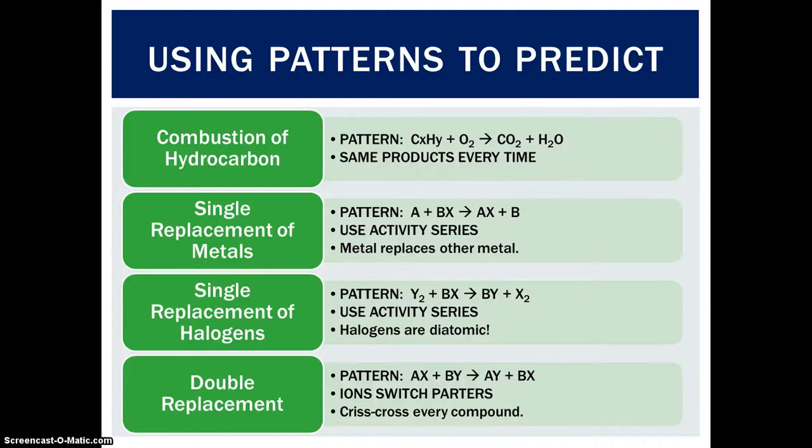So first, you should already be somewhat familiar with identifying the type of the reaction, looking at the reaction equation and deciding, is it synthesis, combustion, single replacement, double replacement, and so on. So now we're going to be doing the same thing, but we're really only going to be looking at the reactants.